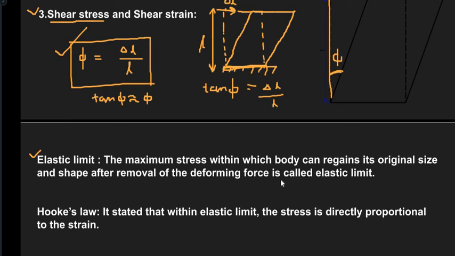If you apply more stress than this maximum stress, the body will not regain its original shape and size. So elastic limit is the maximum stress up to which the body can regain its original shape and size after the removal of the deforming force. This very basic thing is called elastic limit.